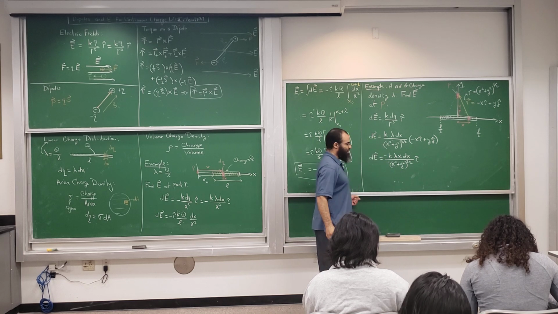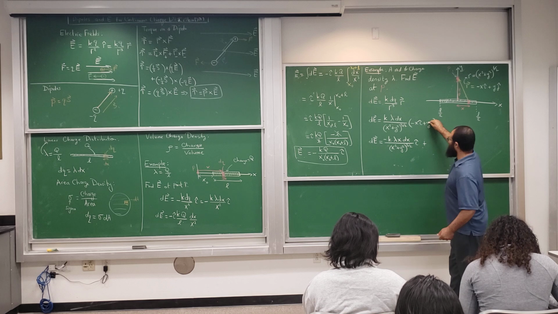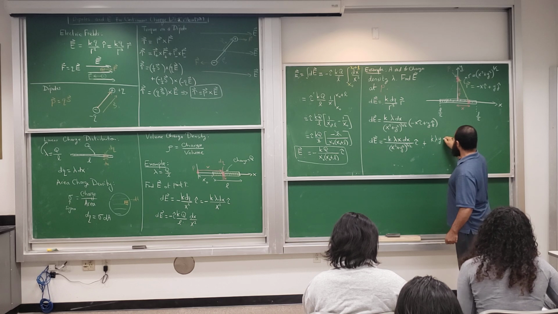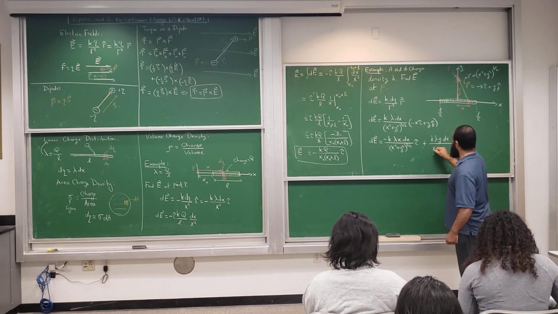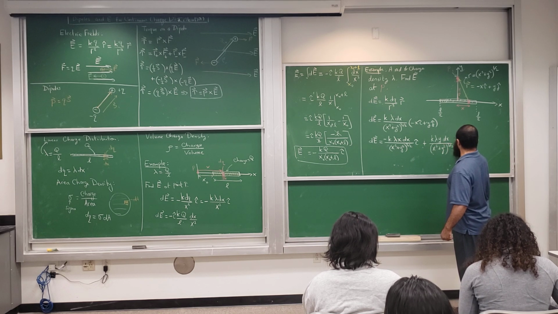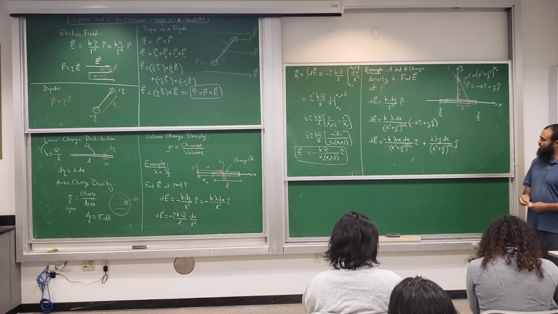That's the first one. Plus, multiplying it through here, you get k lambda y dx over x squared plus y squared to the 3/2, and it's a j hat.